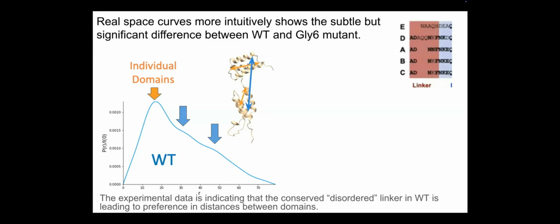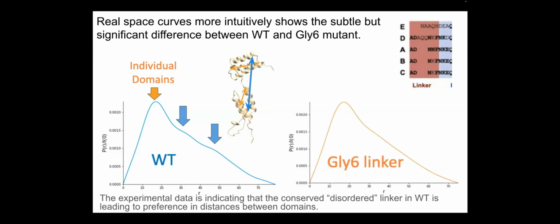What was truly remarkable is that with the glycine linker, those two preferred distances are significantly reduced, indicating that the wild type has a preferred distance between domains, and that the glycine linker changes it, suggesting that there is some order within the disordered linker.